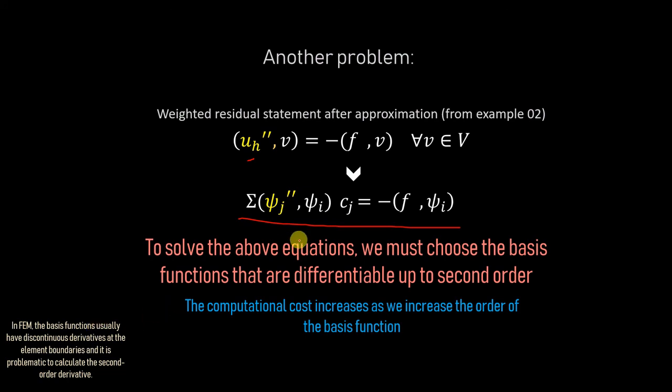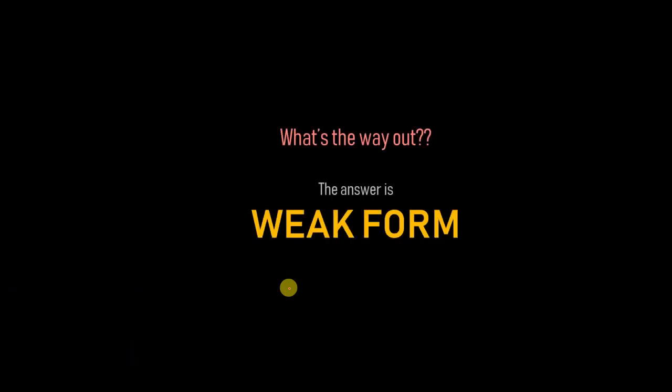Partially this problem is solved by what is called the weak form. Weak form is nothing but converting your weighted residual statement into a different form by doing a specific mathematical operation. What happens by doing that transformation? First, Neumann boundary conditions come out naturally out of that transformation, and you just need to plug in the values.